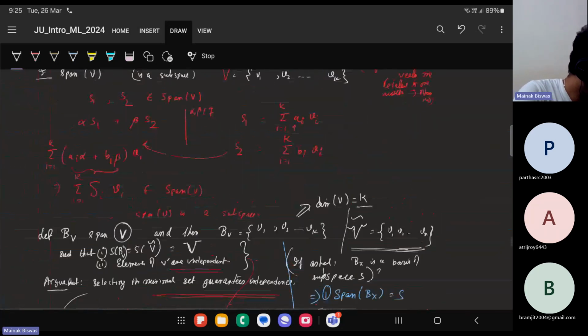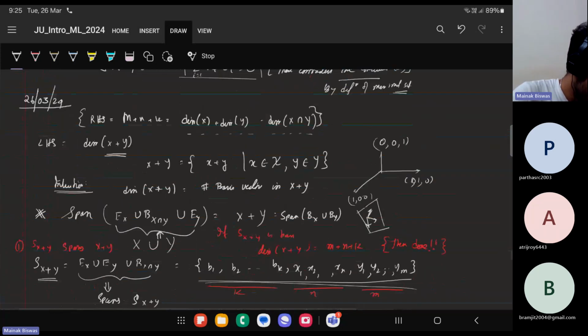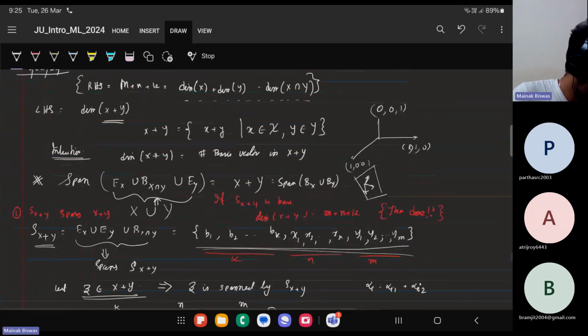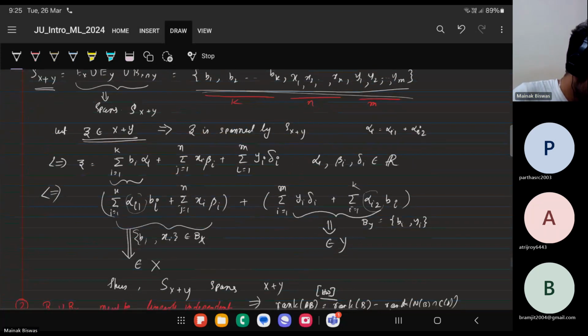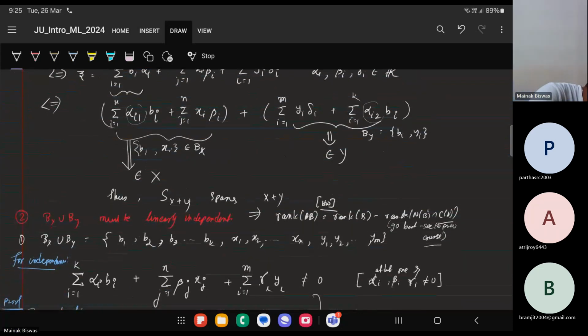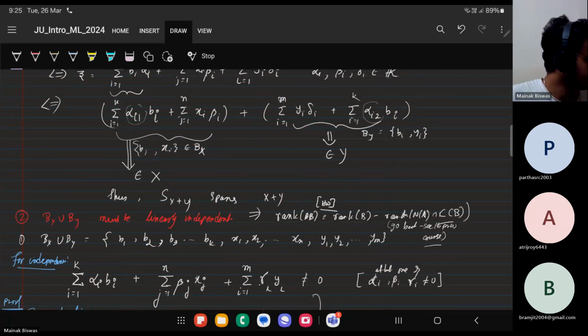This is the last days. Where is today's session? Null space of A intersection column space of B, right? This is what I wrote. Column space of B. Good.